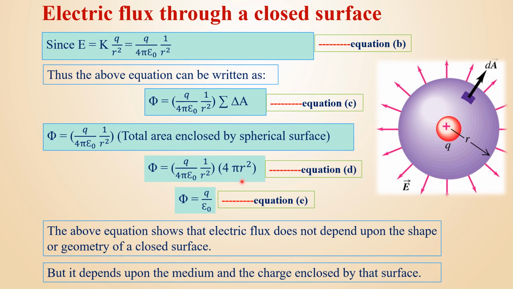By cancelling 4 pi and r square, we get phi equals q upon epsilon naught. In equation E, you can see that we have only two factors, q and epsilon naught. So the above equation shows that electric flux does not depend upon the shape or geometry of a closed surface, but it depends upon the medium and the charge enclosed by that surface.